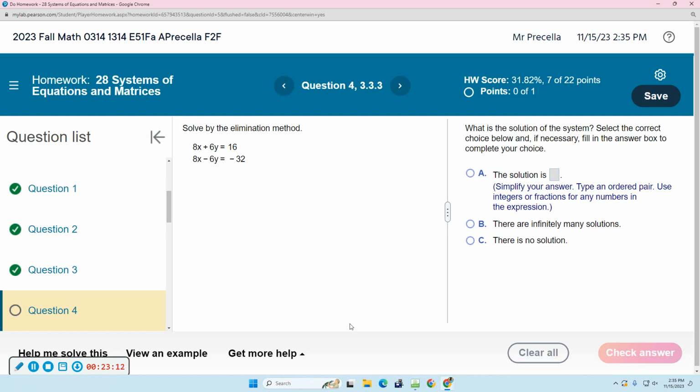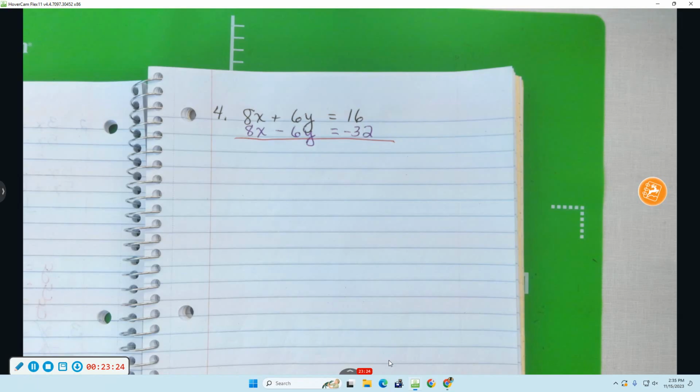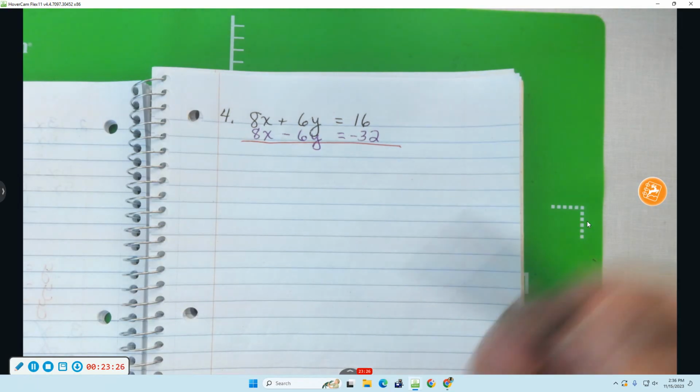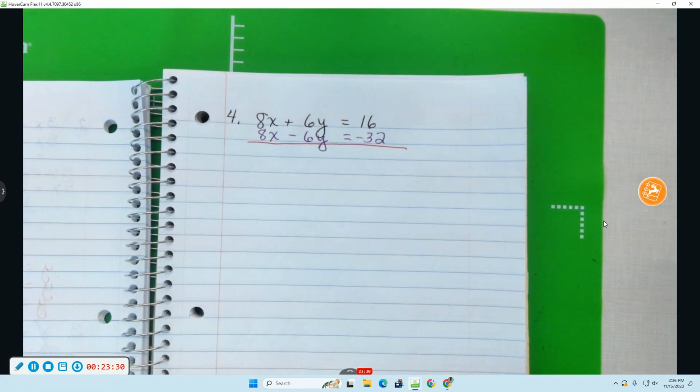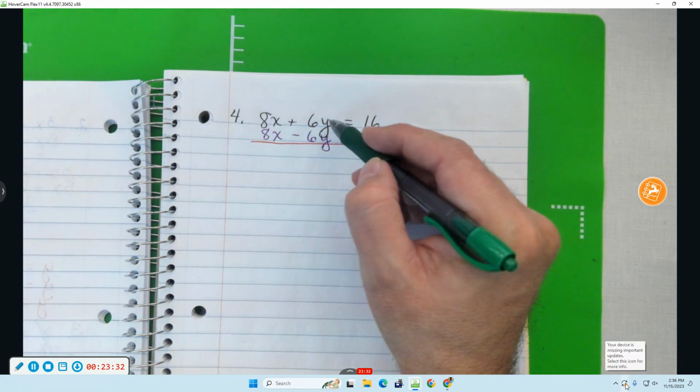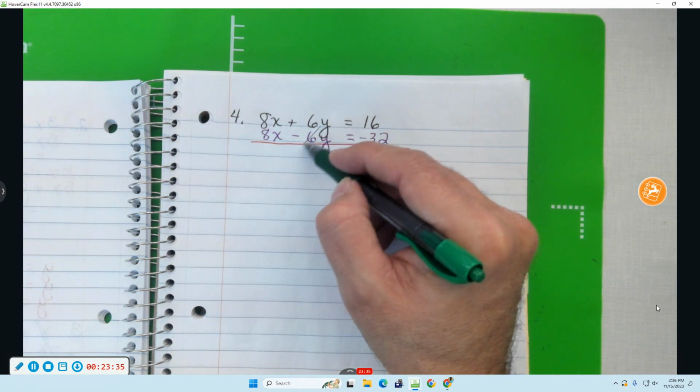Okay. So 8x plus 6y equals 16 is the first equation. 8x minus 6y equals -32 is the second equation. So adding vertically, this one is tailor-made for elimination because the y's get eliminated.